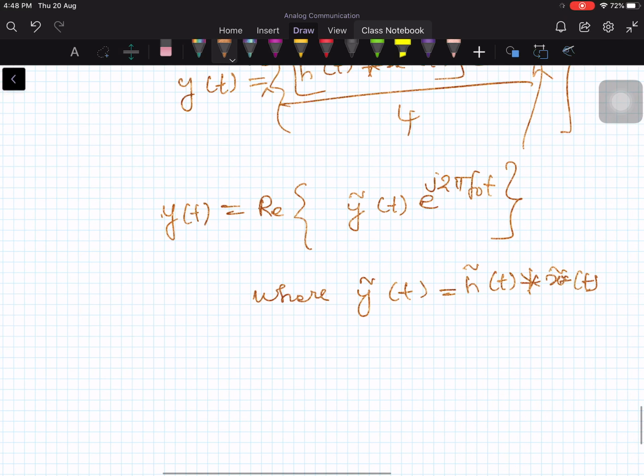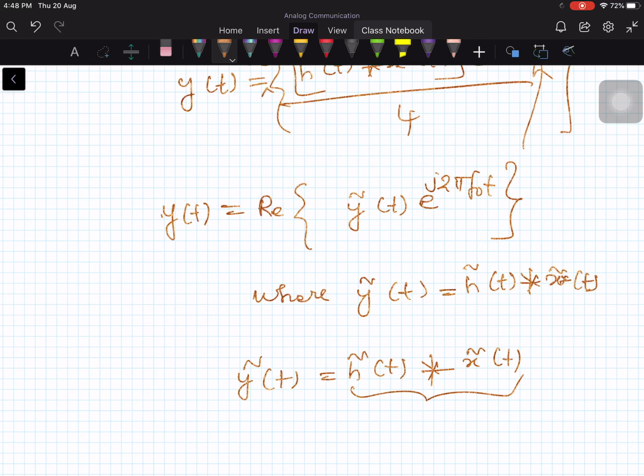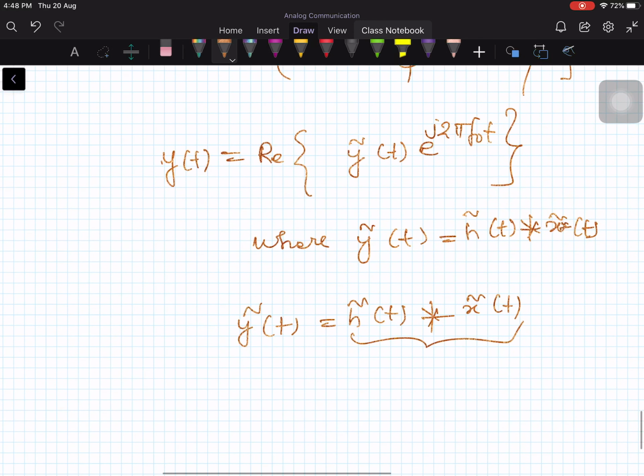How will you get the result? You first take y tilde of t, which is equal to h tilde of t, the low pass version of your band pass impulse response, convolved with the low pass version of your band pass signal, x tilde of t, and you will get y tilde of t, and then multiply with e to the j 2 pi f naught t, and then take the real part.